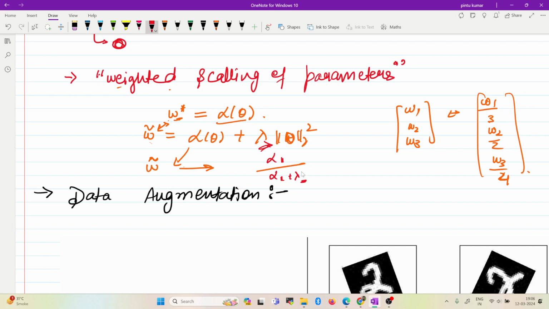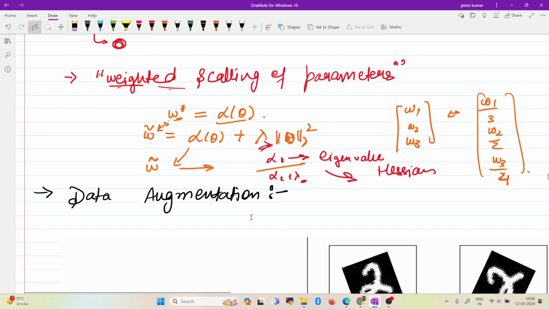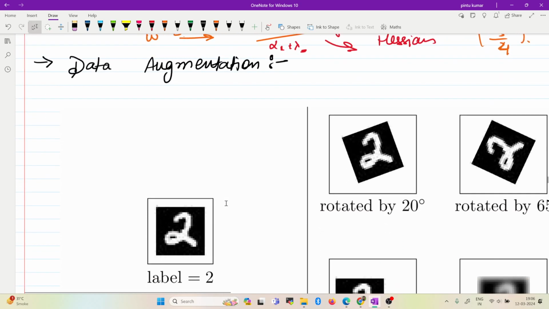Yes. And these alphas are the eigenvalues of the Hessian matrix that you obtain. How does this get weighted is discussed in the lecture, but what you should remember is that it is a weighted scaling of the original parameters. Any doubt till this point?